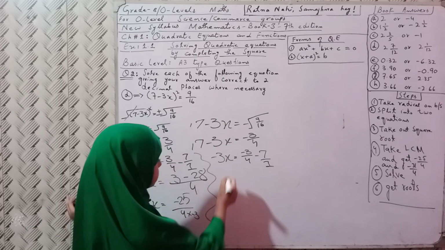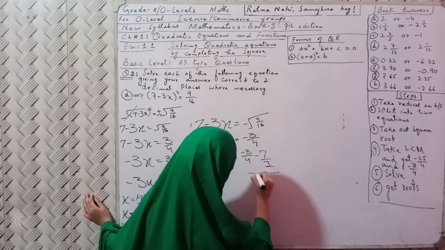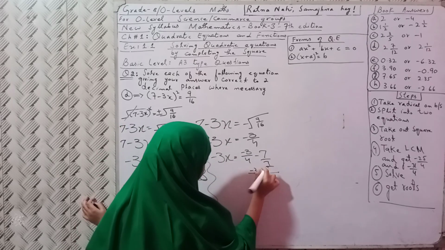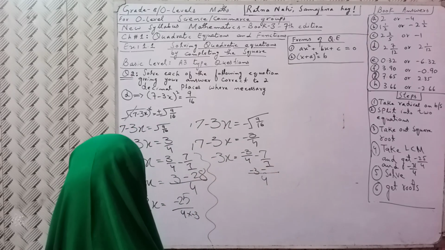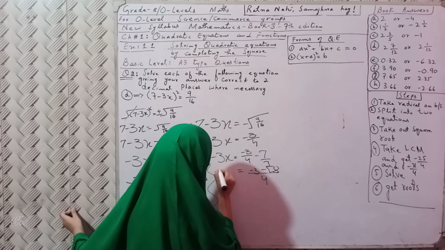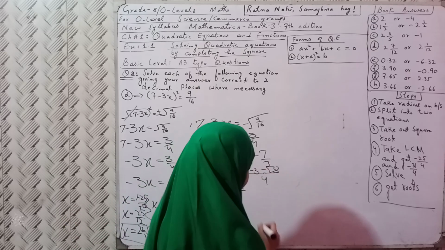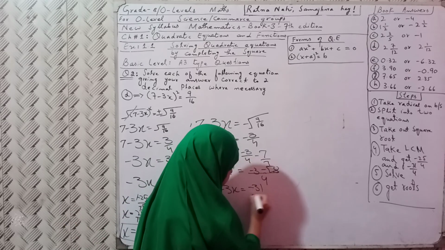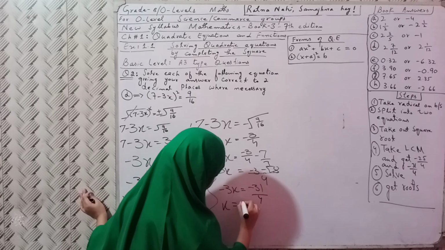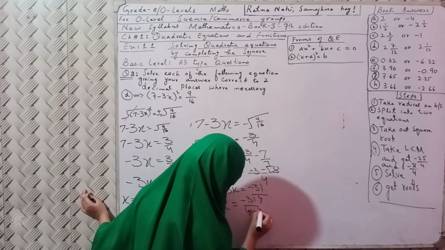Solve and get roots. Now minus 3x is equal to minus 31 upon 4 will become here. So this minus 3 will go there. This will come minus 31 upon 4 multiplied by minus 3.